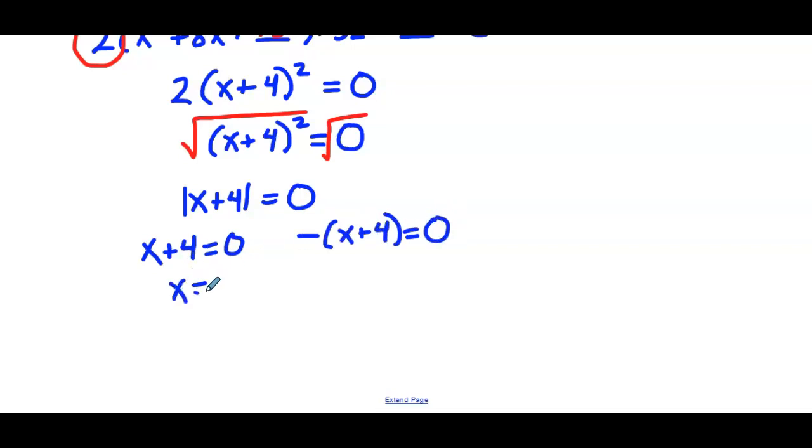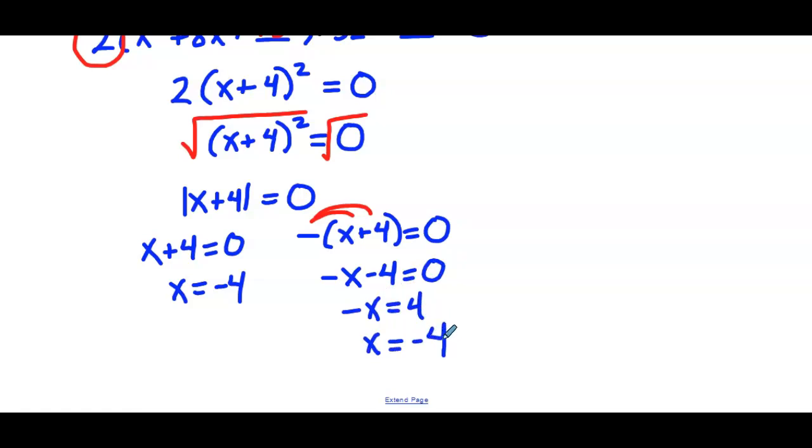So here we have x equals negative 4. Here we'll distribute out the negative 1. So negative x minus 4 equals 0. Negative x equals 4. x equals negative 4. So in both equations we get the same solution, which makes sense. There should only be one value that gives us 0 in an absolute value equation. So our solution set is just negative 4.